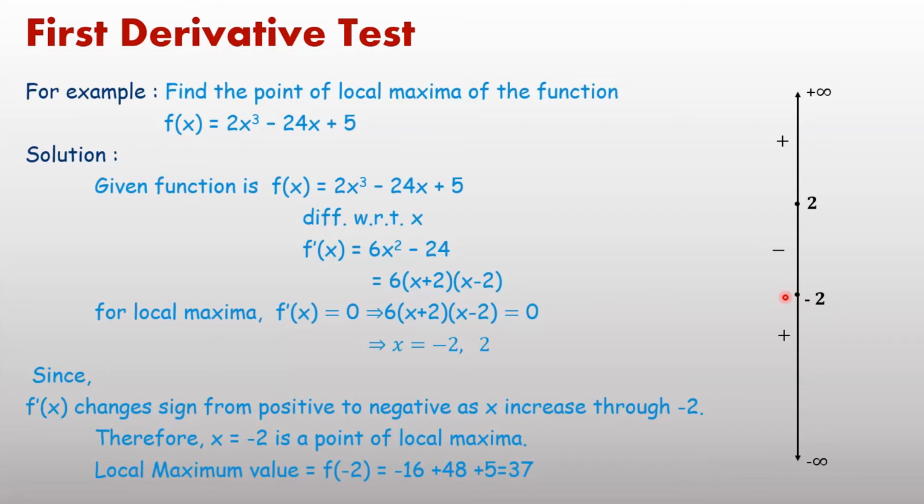If f'(x) changes sign from positive to negative as x increases through minus 2, then x equal to minus 2 is a point of local maximum. The local maximum value after solving is 37.